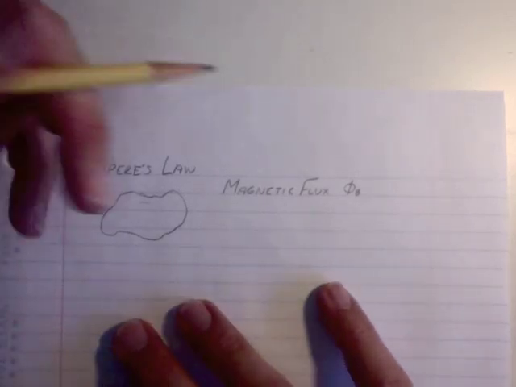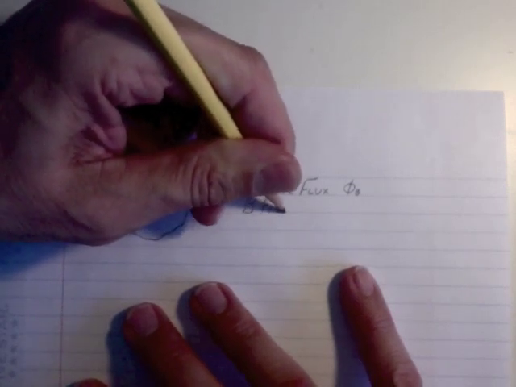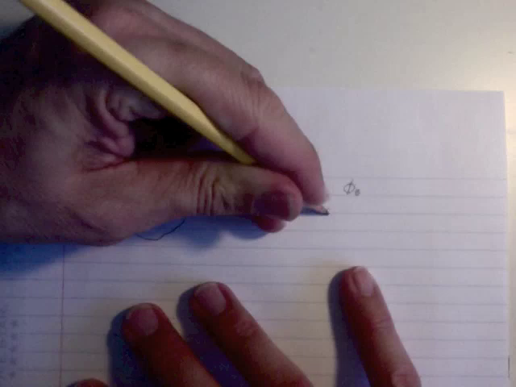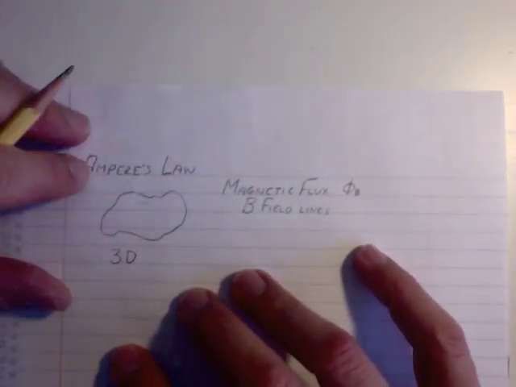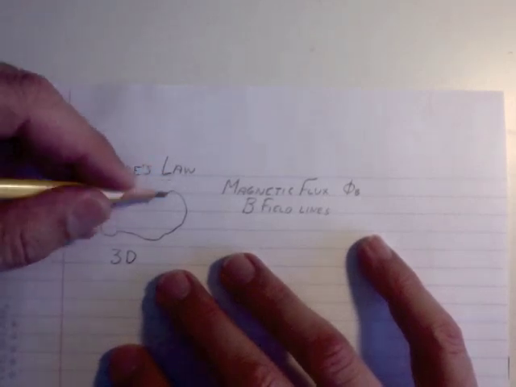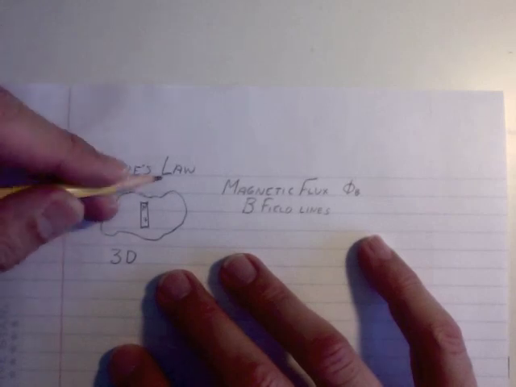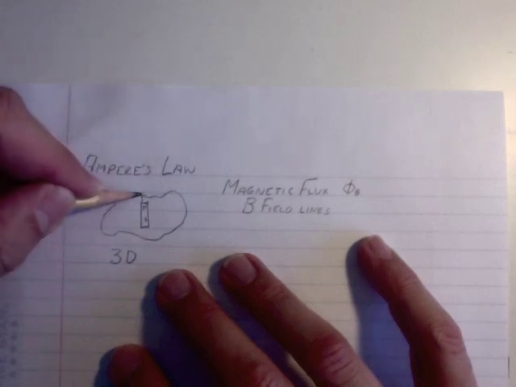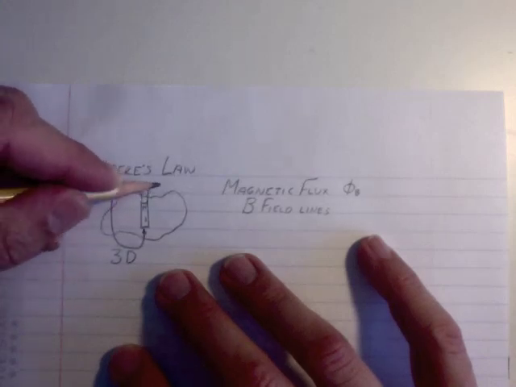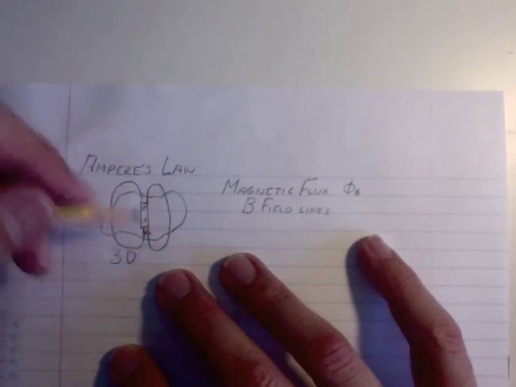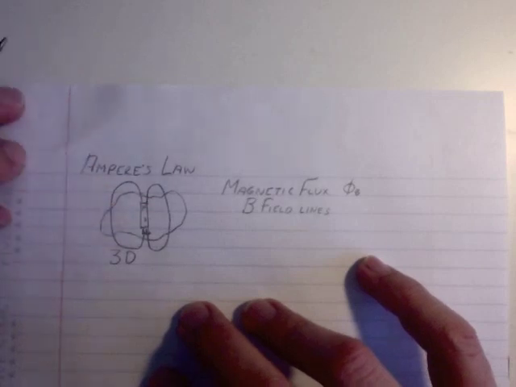Magnetic flux would be the flow of magnetic field lines, B field lines, going through a surface. If we think of a 3D surface and we think of a magnet being in there, and we think of the field lines, and I could draw more of them, but you get the sense anything that comes out comes back in.